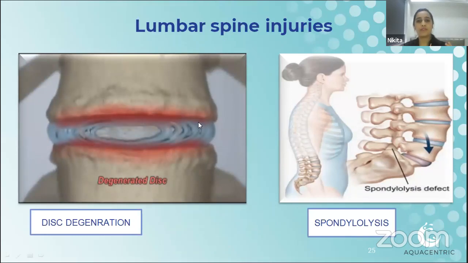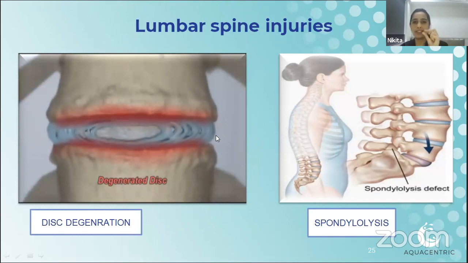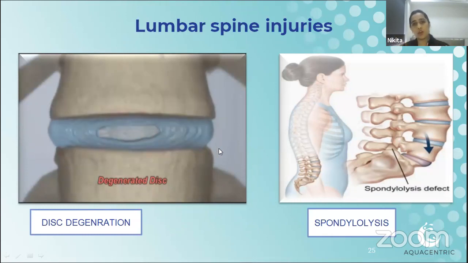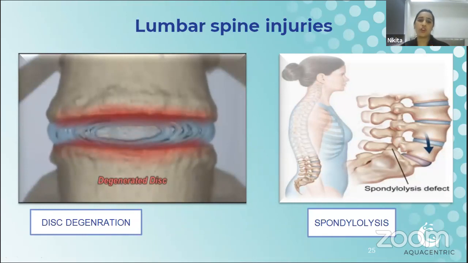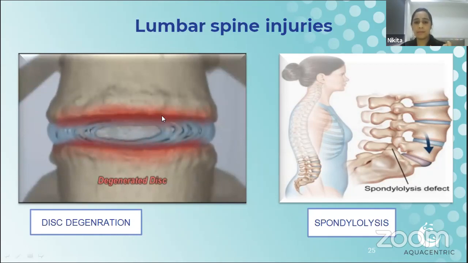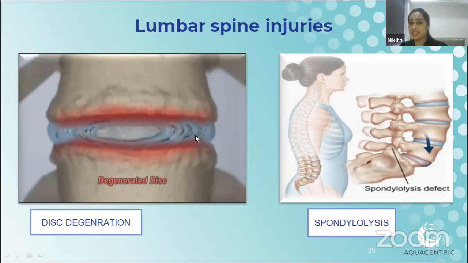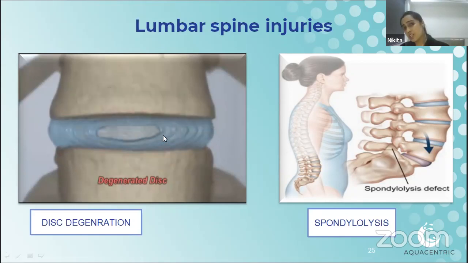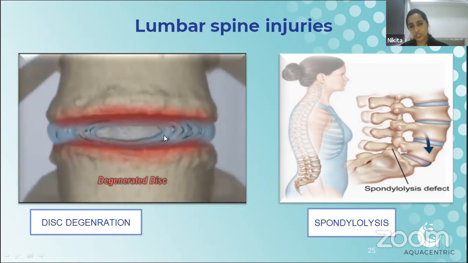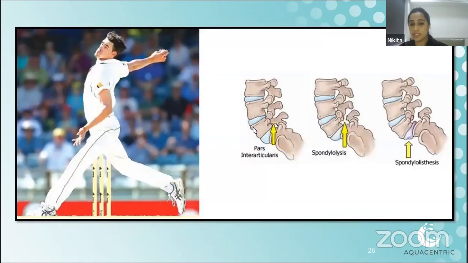Your vertebrae in normal anatomy have a cushion-like structure present in between them that absorbs a lot of shock. So it is a good shock absorption mechanism. However, if abnormal forces are imposed upon it, slowly it leads to degeneration of the disc, reducing its force absorption capacity, slowly leading to what are called degenerative changes of the spine.